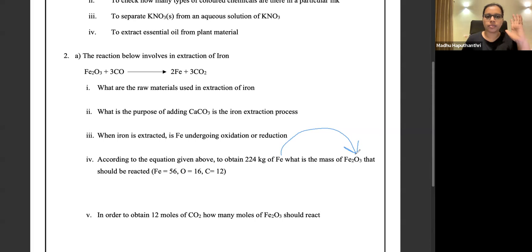For example, Fe2O3 to carbon monoxide is in 1:3 ratio. If I ask you to react 10 grams of Fe2O3, what is the mass of carbon monoxide I want? In such a situation, you cannot look at this ratio and say, all right, it's 1:3, so if I have 10 grams, then this will be 30 grams. This is entirely wrong.